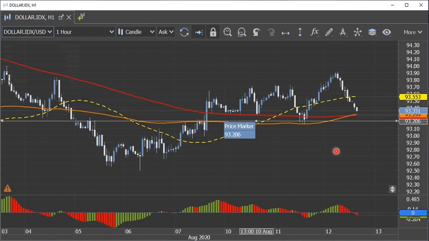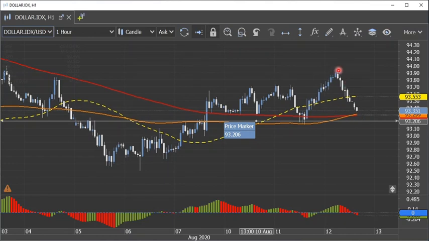From the hourly chart, we can make out that we have the immediate support coming in around this confluence zone of the 100 and 200 SMAs around 93.3, and then on the lower side we have also got this prior swing low, which is around 93.20. So I am expecting this price band of anywhere close to 93.10 to 93.3 to act as a near term support for the dollar index price momentum.